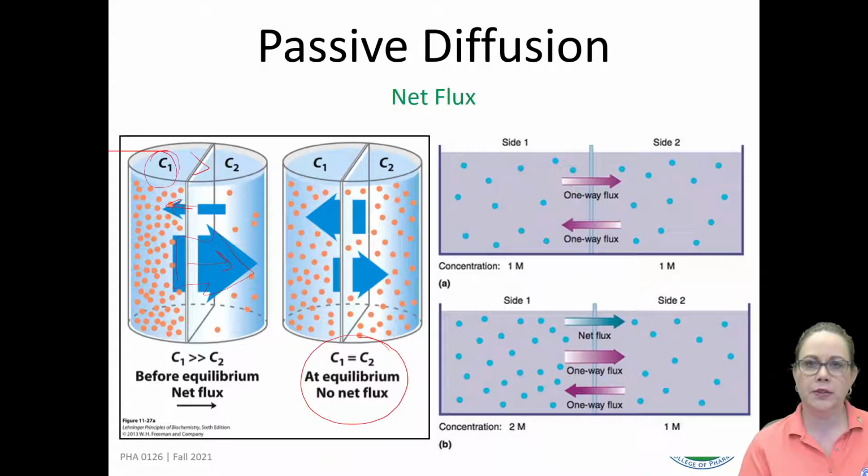At that equilibrium, the concentrations on both sides, the C1 and C2 side, will be the same. And also at equilibrium, the rate going from the C1 side to C2 side and the rate going from the C2 to the C1 side will be the same. That means there's no net flux.